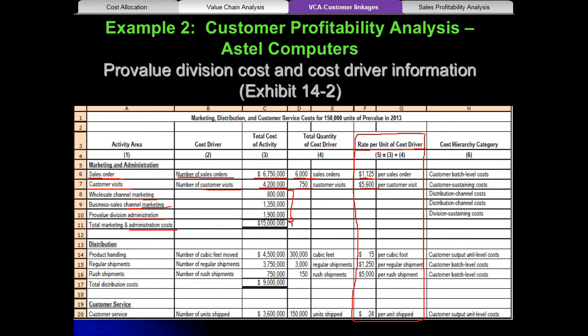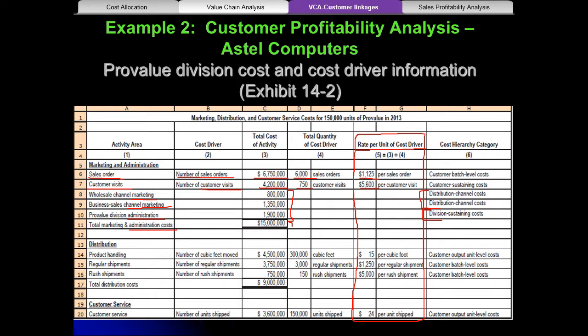And the first two of these are distribution channel costs. They are the costs associated with a particular distribution channel. Whereas the last one is a division sustaining cost. That is the division that actually makes and sells computers, ProValue computers. This is the highest order of costs that we want to contain.